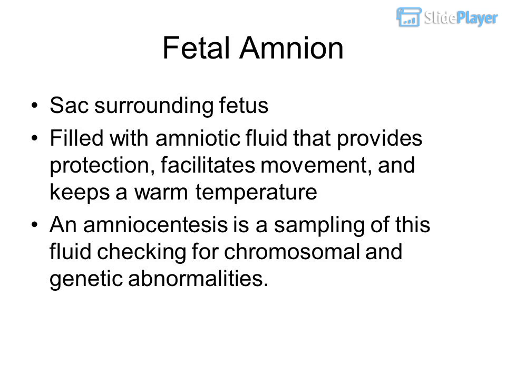Fetal amnion sac surrounding the fetus. Filled with amniotic fluid that provides protection, facilitates movement, and keeps a warm temperature. An amniocentesis is a sampling of this fluid checking for chromosomal and genetic abnormalities.